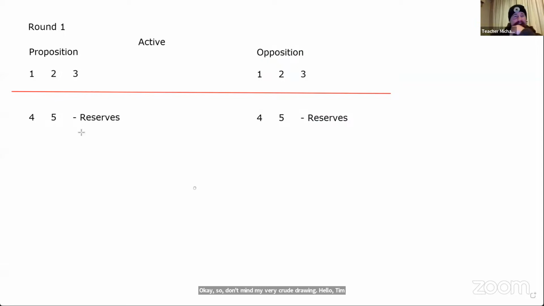So during a debate, only 3 members of each team may compete at any one time. And if there are members 4 and 5 of a team, they're what we call reserves.